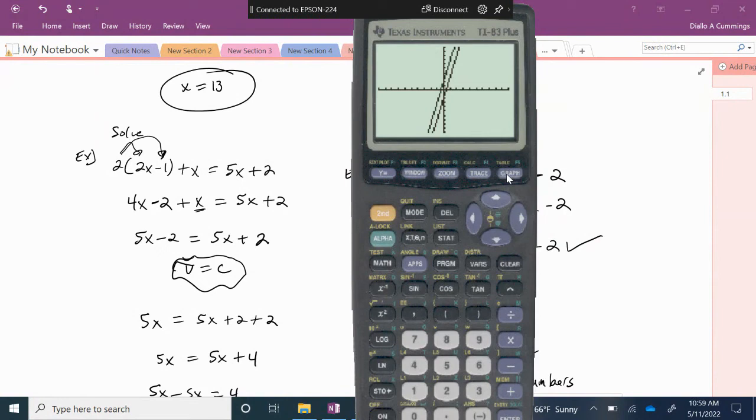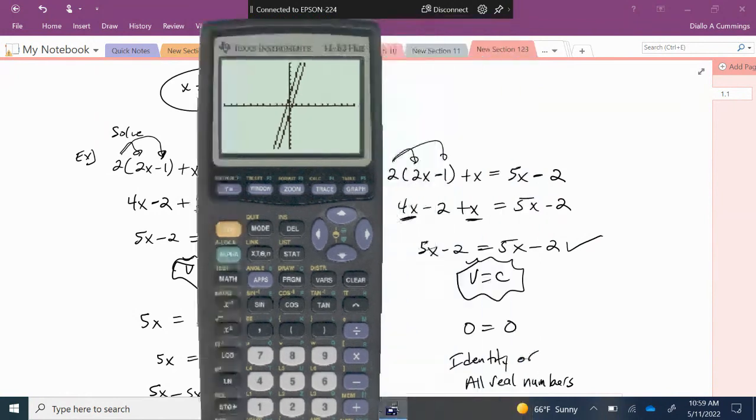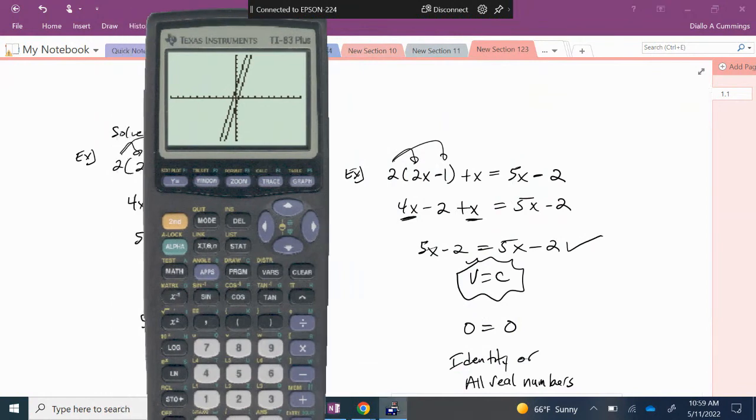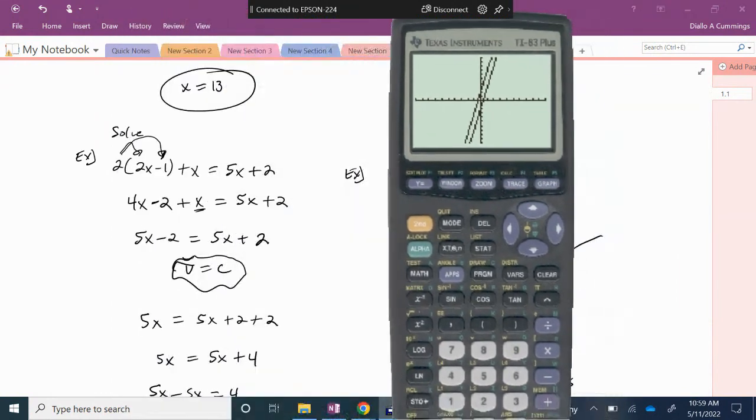So the only way you can get one solution is if they intersect at one spot, which is the two problems we first solved, they only intersected at one spot. The very last problem, since one line fit exactly on top of the other line, they intersected at every spot. And for the no solution, they never intersect at all.